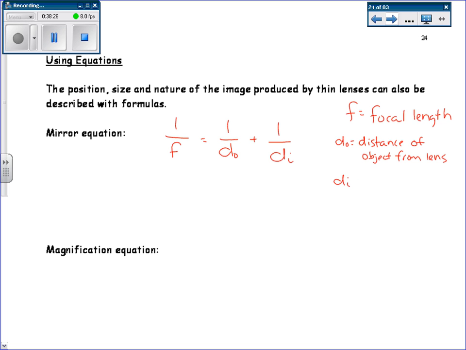Di is the distance of the image from the lens.